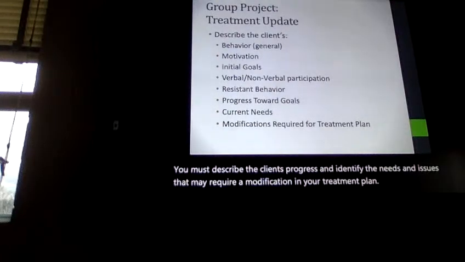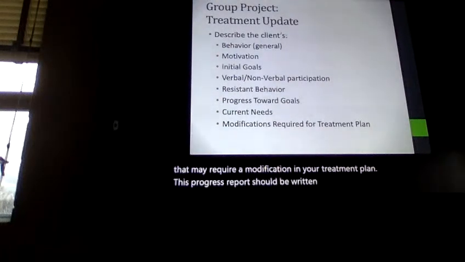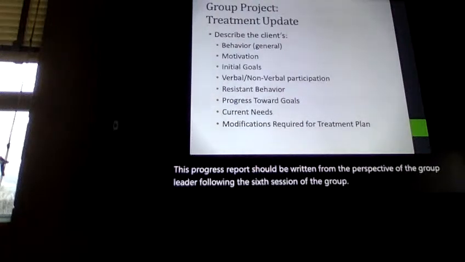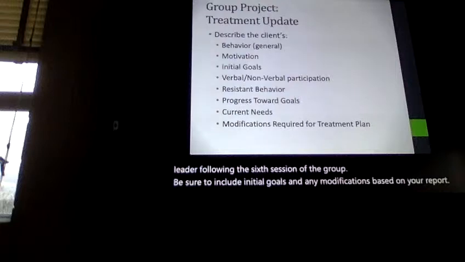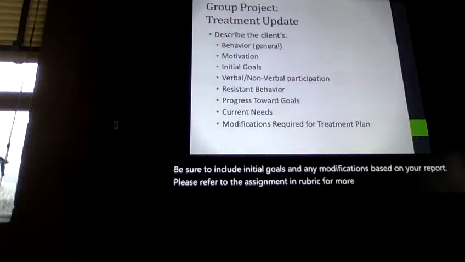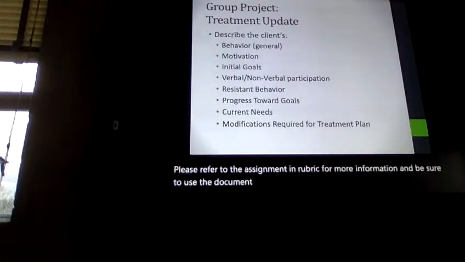This progress report should be written from the perspective of the group leader following the 6th session of the group. Be sure to include initial goals and any modifications based on your report. Please refer to the assignment reading rubric for more information, and be sure to use the document as your primary source as your group puts together the group project.